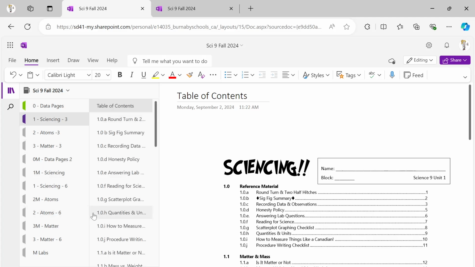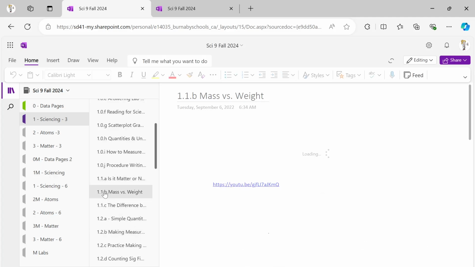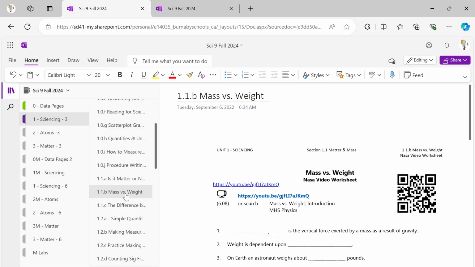You see how there's all this nonsense over on the left-hand side taking up all that space, right? And it's nice that it's there because if you want to go to 1.1b mass and weight, you can find it. But when you're reading this, maybe you don't want it there.